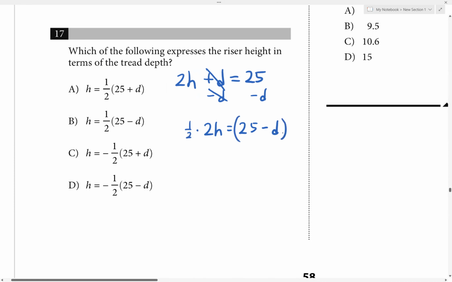It's the same thing, but this will help us match with the answer choices. We know it should be 25 minus d times 1/2, which is the same as 1/2 times 25 minus d. Do we have that? Yes, that's answer choice B for number 17, and that will be the final answer for this one.